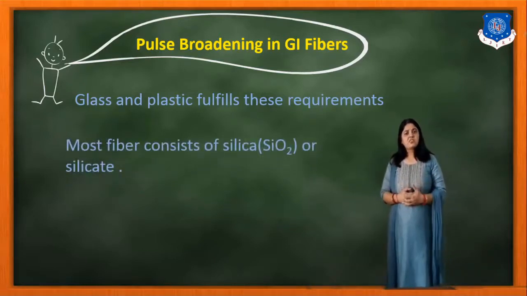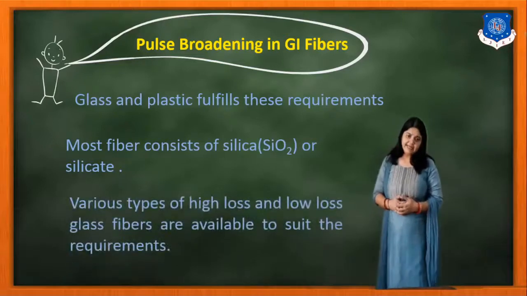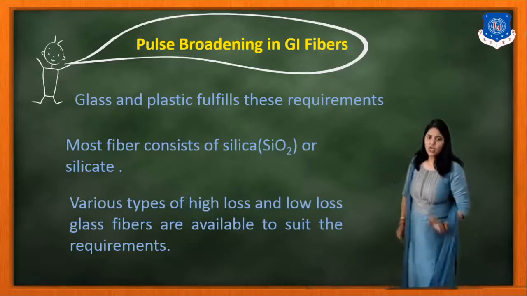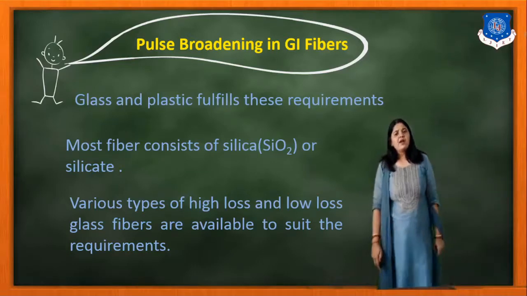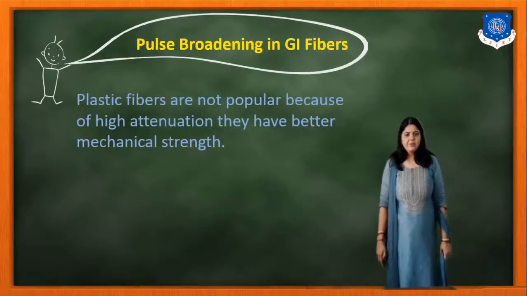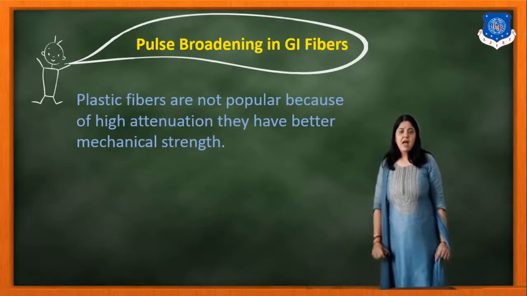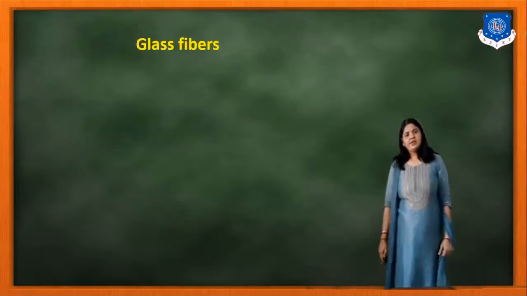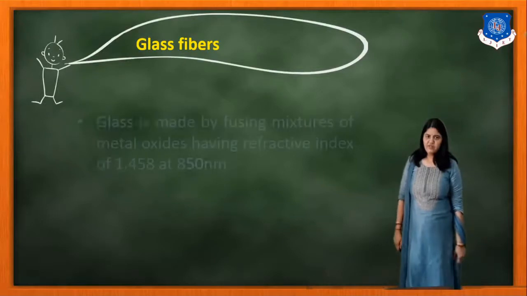Most fiber consists of silica or silicate, and various types of high loss and low loss glass fibers are available to suit these requirements. Plastic fibers are not popular because of the high attenuation, though they have better mechanical strength.